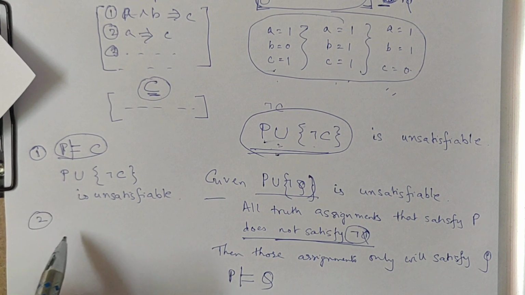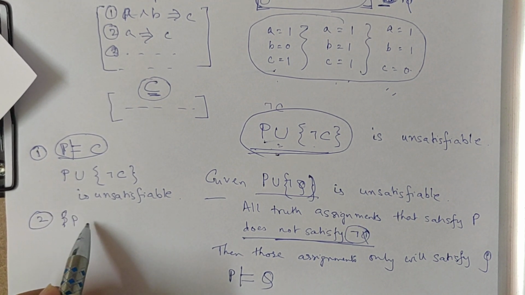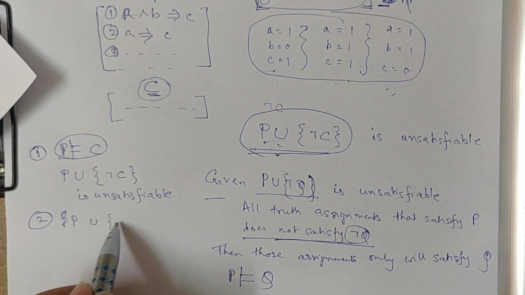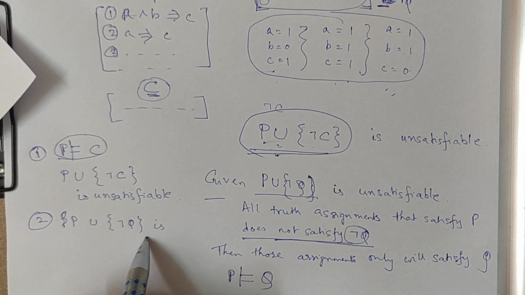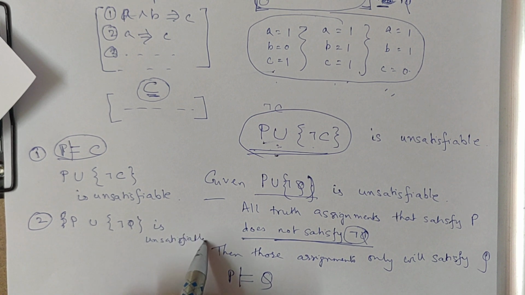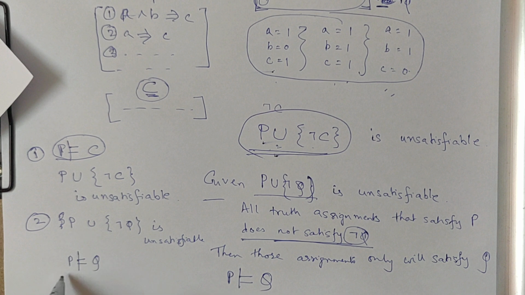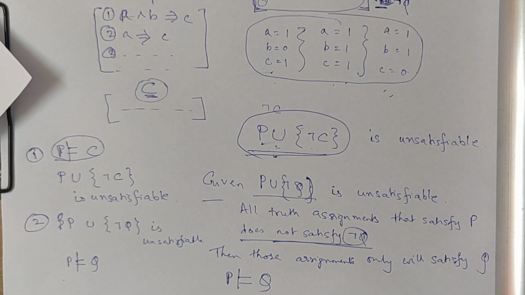And in the second case, it was given to me that I have a set of sentences P and some statement which is unsatisfiable, and I proved that P logically entails Q.